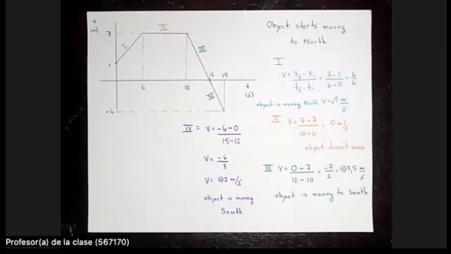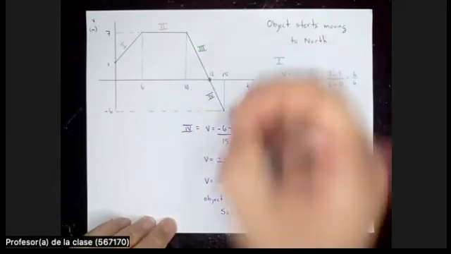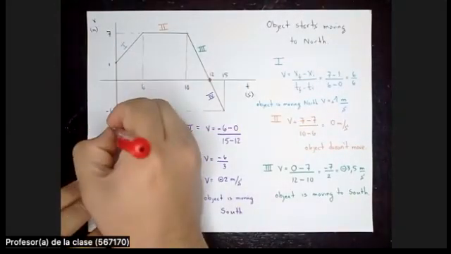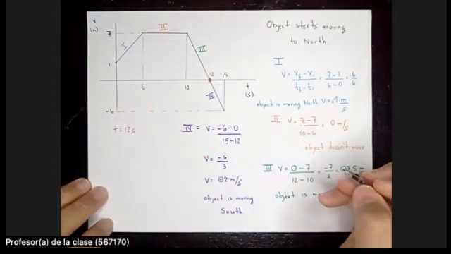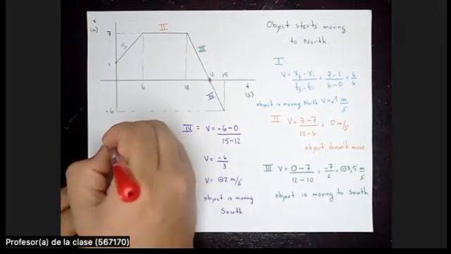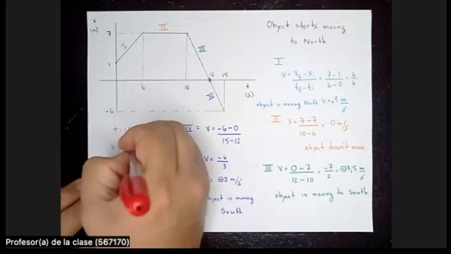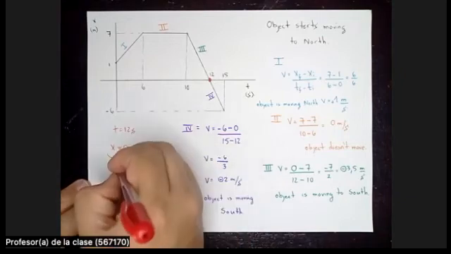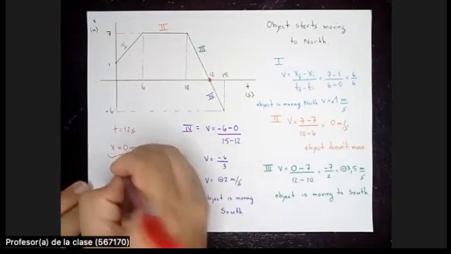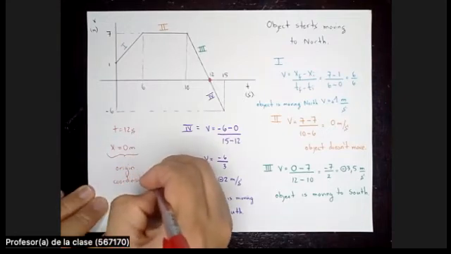We have to do two more interpretations here that are important. For example, this point on the time is 12 seconds. When time is 12 seconds, the position is 0. That means that the object is in the origin of the coordinate system.